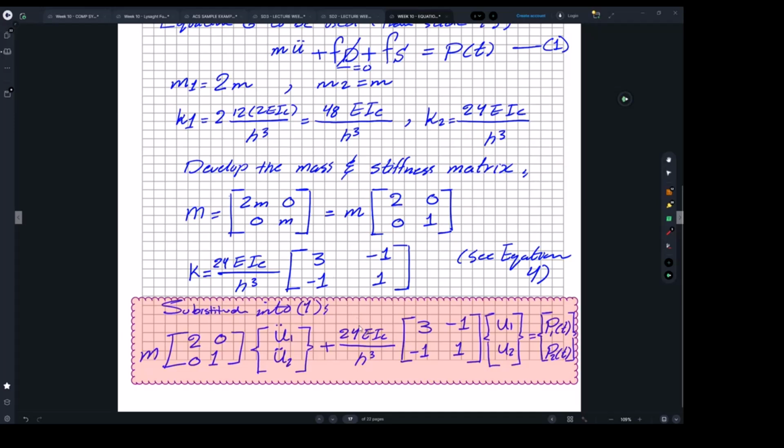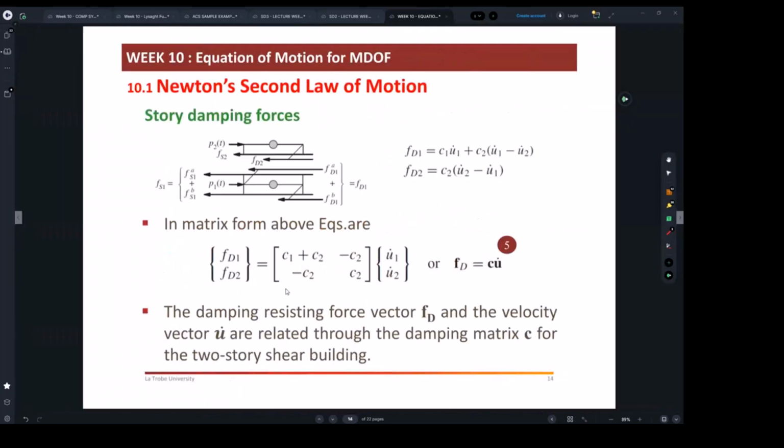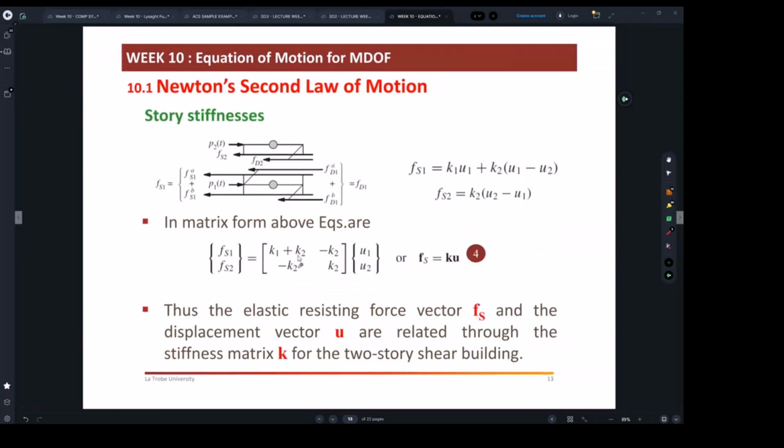Then to construct the equation of motion in matrix form, we need to substitute the values as per equation 4. Sorry, 5 was for damping, equation 4 was for stiffness.